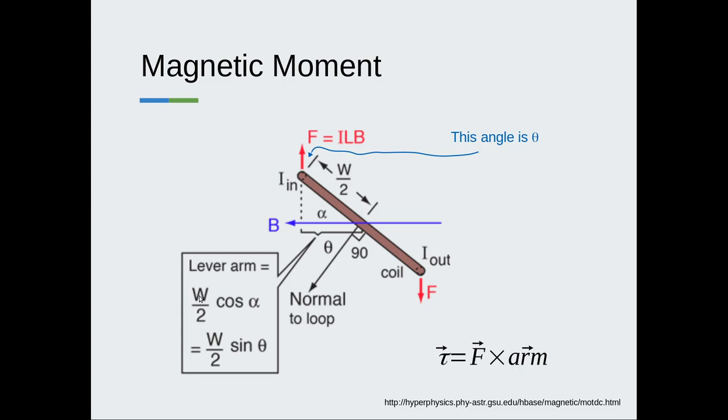The torque is then W over 2 cosine alpha. So this is the projection of my force onto this direction. And cosine alpha is actually equal to sine theta, if you apply the trigonometric rules.